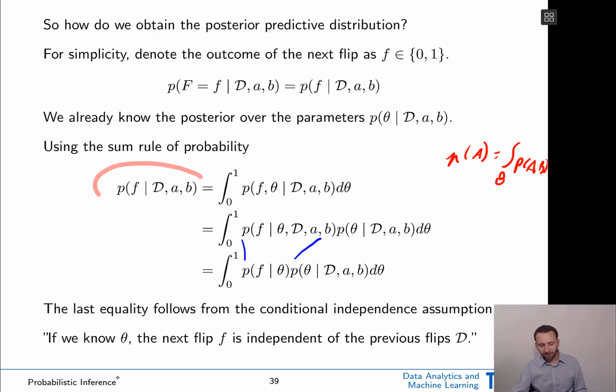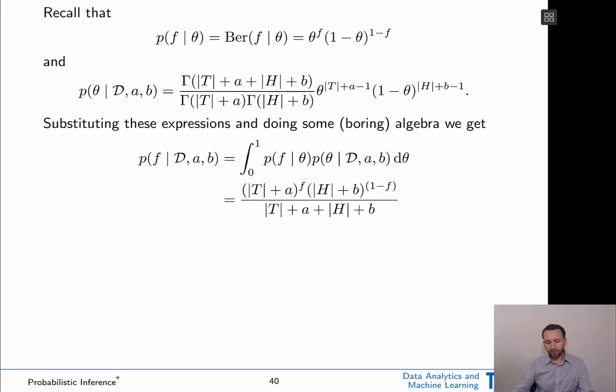So as it turns out, this posterior predictive distribution can be written in such a way, and now we have all terms given. We know that this term is just our Bernoulli distribution: given theta, the outcome is just a Bernoulli. It's theta to the power of tail, which is now our 1, times 1 minus theta to the power of heads, which is 1 minus F. By the way, this is a standard trick you might want to use in the future. If you use this 0, 1 view, you can use it as an exponent.